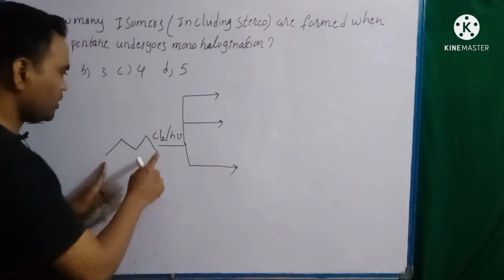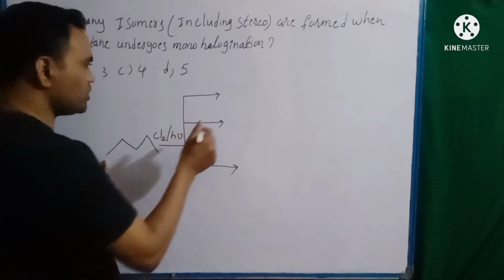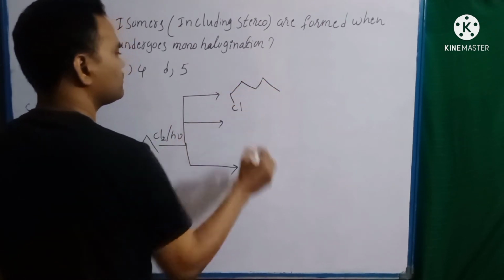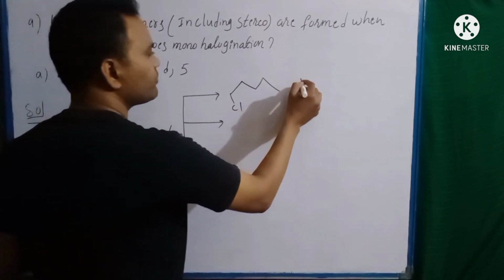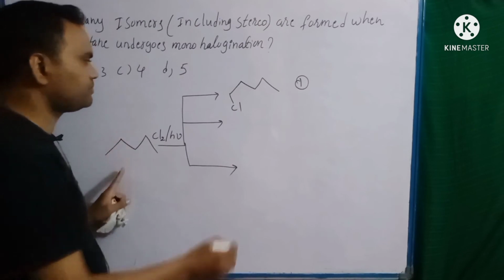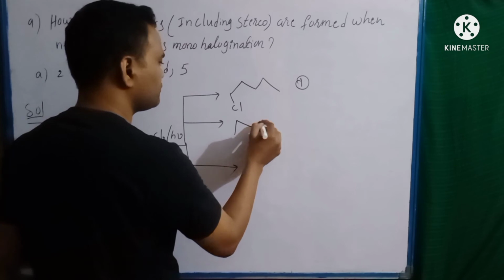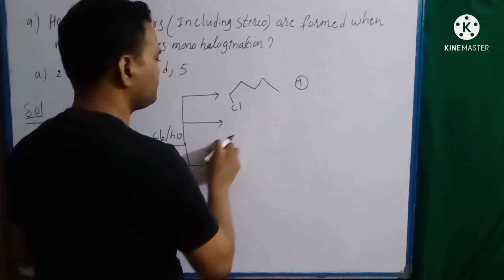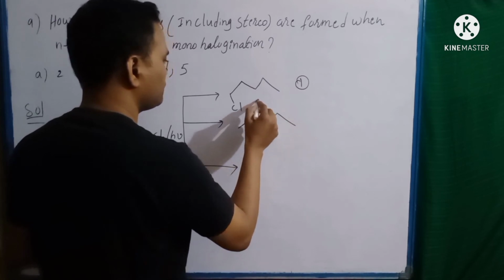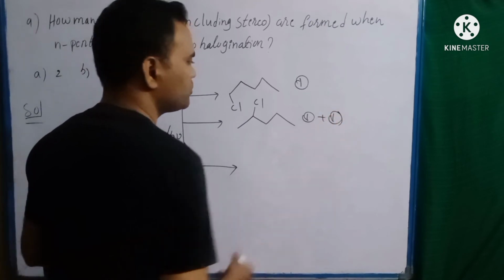See, attack of chlorine on this carbon having hydrogen gives one product, and attack on this carbon having hydrogen gives two compounds.